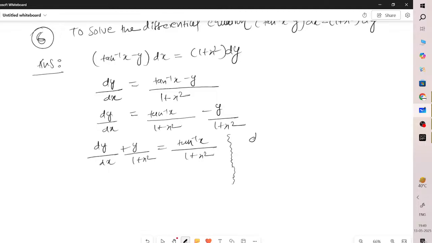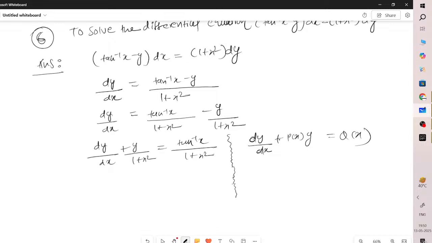This equation is in the form dy by dx plus P of x times y equals Q of x, and for this type of differential equation we solve the question in a particular fixed way to get our final solution.